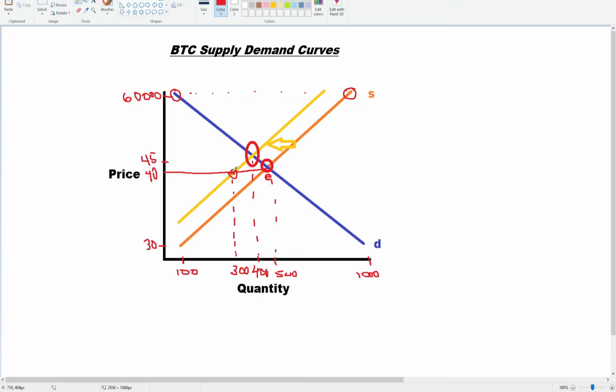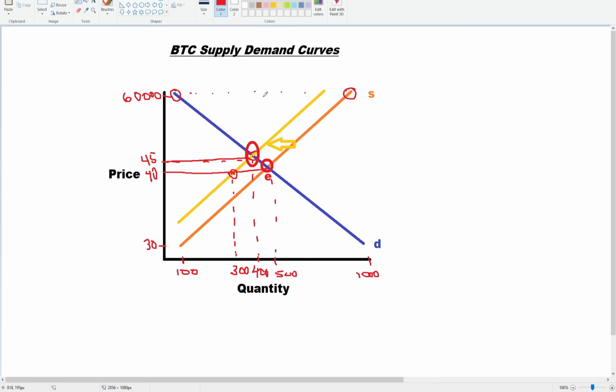They won't supply 500 Bitcoin, which is where the demand is at this price. So they will supply 400, which will meet the demand curve over here at around 45K. I know these lines aren't perfect, but the concept remains.